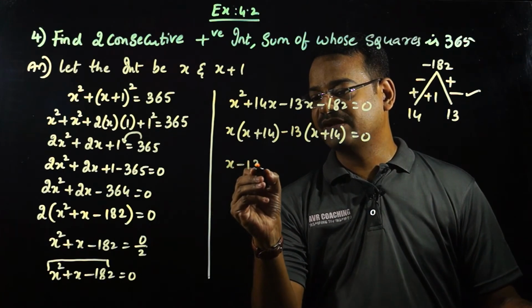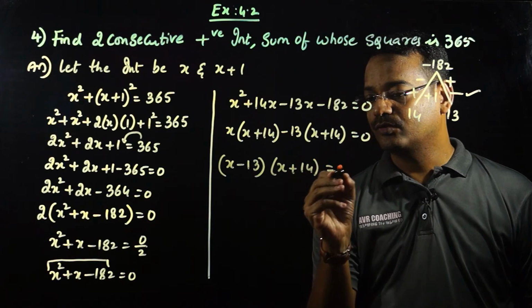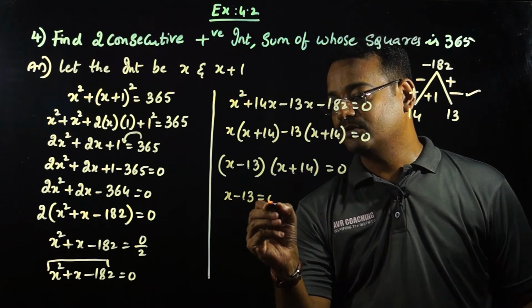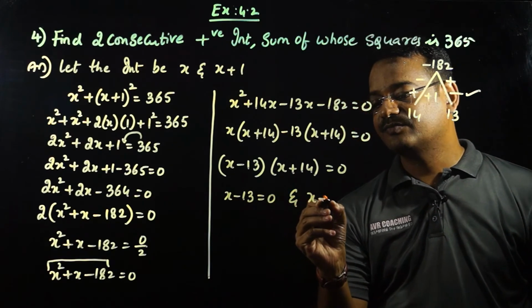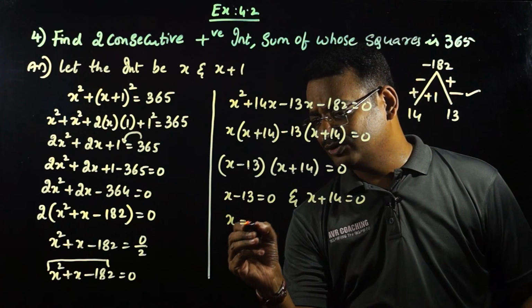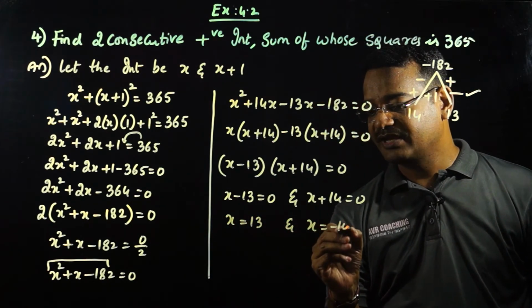So this is x minus 13 and x plus 14 equal to 0. So x minus 13 equal to 0 and x plus 14 equal to 0. So x equal to 13 and x equal to minus 14.